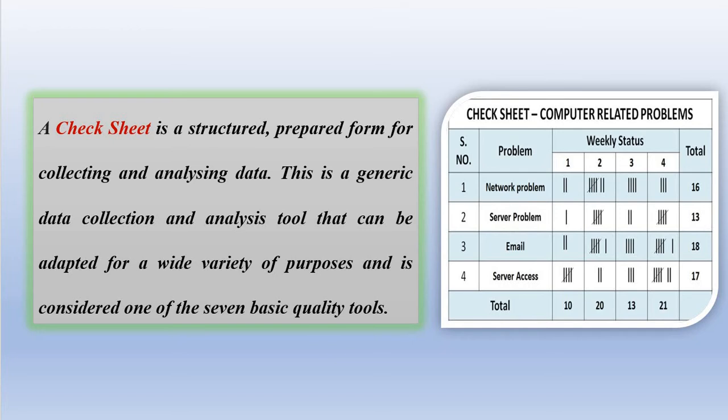The problems are identified and categorized like this: network problem, server problem, etc. And at different time points the data are collected, and thus the problems are identified and then corrective measures are taken for quality improvement.